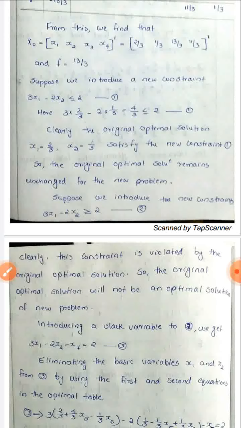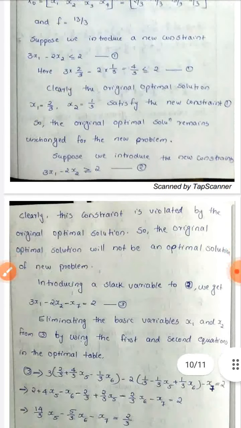So it is violated by the original optimal solution, and the original optimal solution will not be an optimal solution of the new problem. So introducing a slack variable to our constraint 3x1 minus 2x2 greater than or equal to 2, we get 3x1 minus 2x2 minus x7 equal to 2. This gives equation 3.